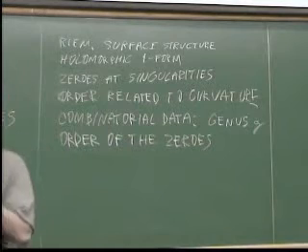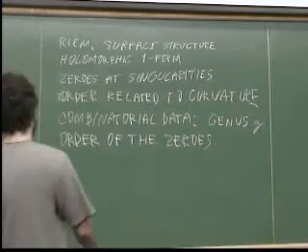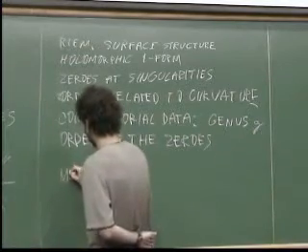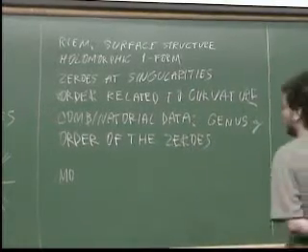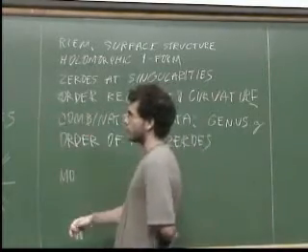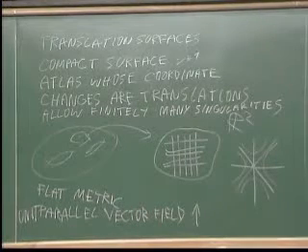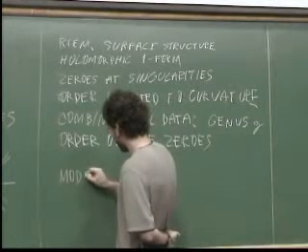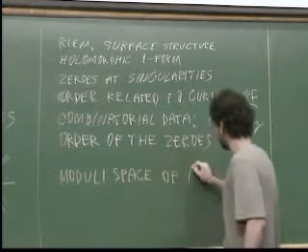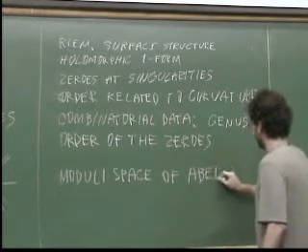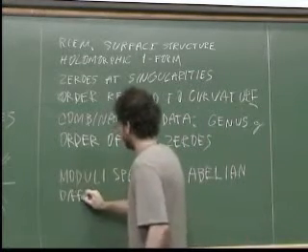Once you fix this, once you fix the genus g, you get what's called the moduli space: the space of such objects modulo isomorphism, which would be isomorphism of the translation structure, or isomorphism of the flat metric and so on, preserving the parallel vector field. You get the moduli space of abelian differentials in genus g.